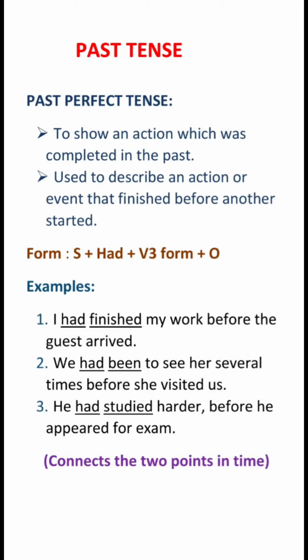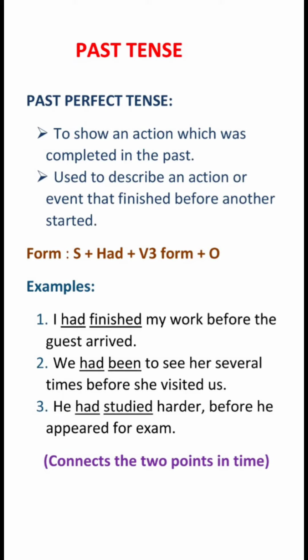Next, past perfect tense. To show an action which was completed in the past. Next, used to describe an action or event that finished before another started. Form: subject plus had plus verb third form plus object.